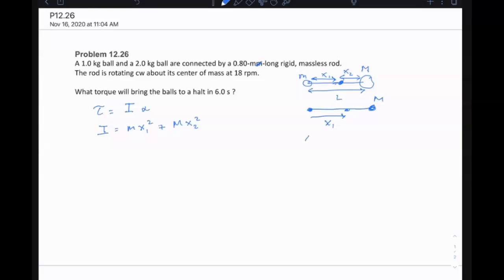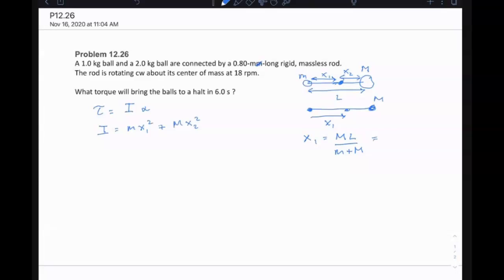So x1 then is equal to, by our definition of center of mass, big M times L over the sum of the masses, big M plus little m.